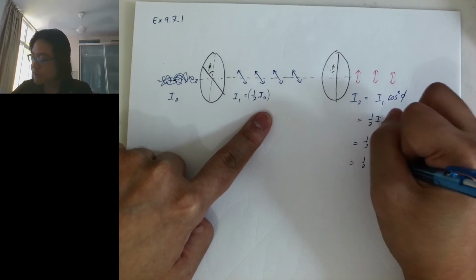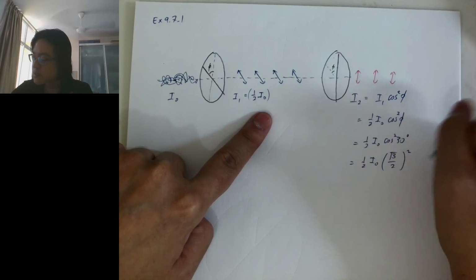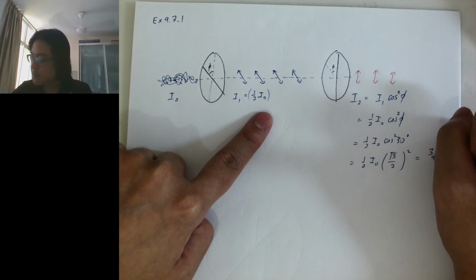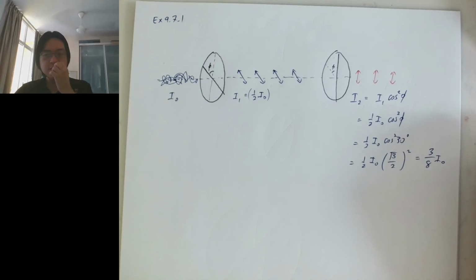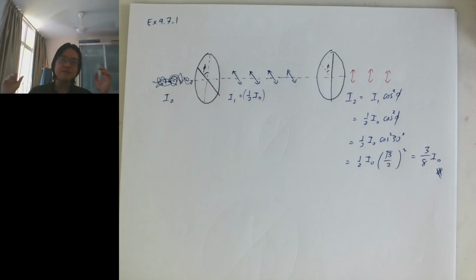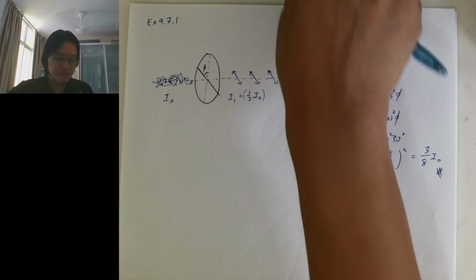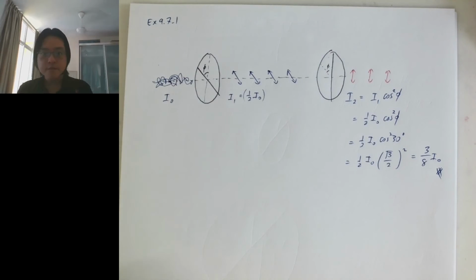So I get half I0 times the cosine of 30, which is root 3 over 2, squared. So this is 3 over 4 times 2, that is 3 over 8 I0. So this is the output intensity. Very simple, very straightforward. These polarization topics are pretty straightforward in that sense. Any questions so far?